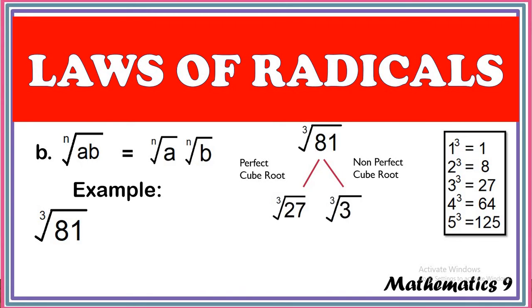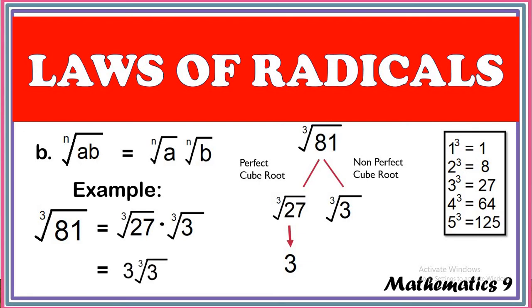So 27 times 3. You can write the cube root of 81 as the cube root of 27 times the cube root of 3. In simplified form, the cube root of 27 is 3, so you can write it as 3 times the cube root of 3. And that is the final answer.